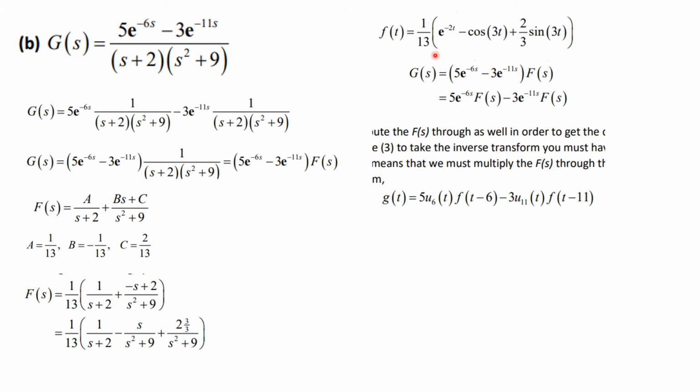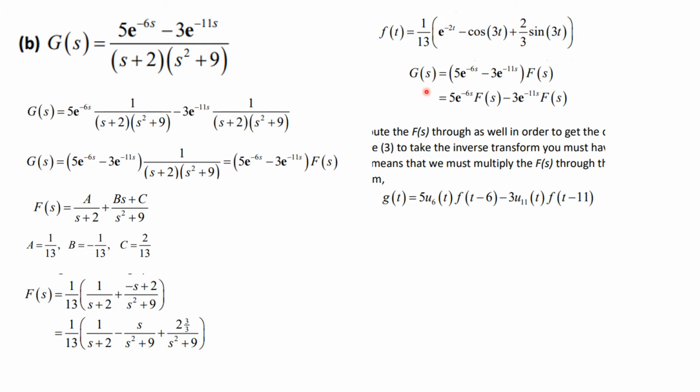This is easily inverted using the inverse transforms, and we will get this. This is going to be e to the minus 2t. This is going to be cosine of 3t. This is going to be 2/3 sine of 3t. Now putting together my original G of s from here, I have this, and I'll distribute that again, so I will have this.